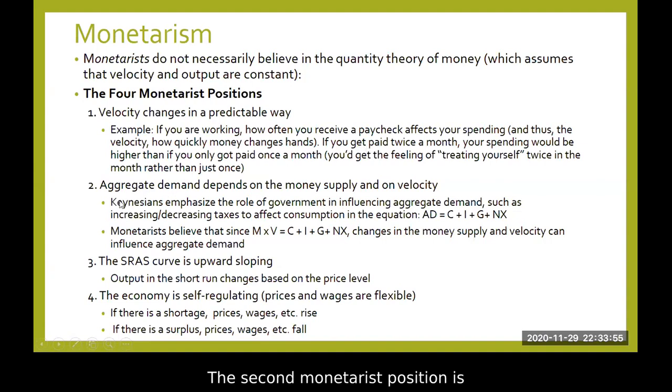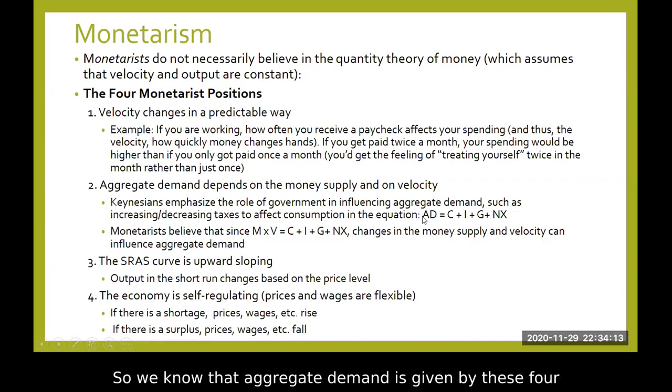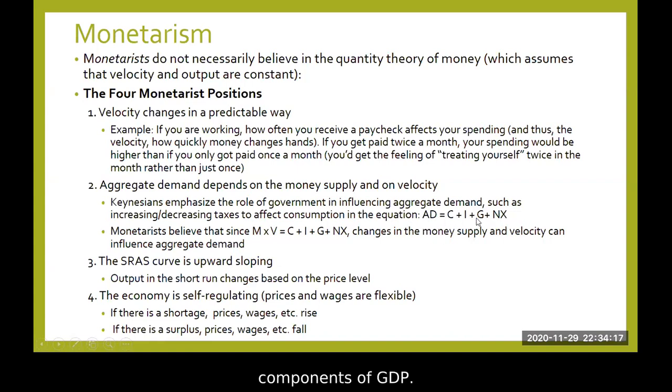The second monetarist position is that aggregate demand depends on the money supply and on velocity. In chapter 11, we saw that Keynesians emphasized the role of government in influencing aggregate demand. So we know that aggregate demand is given by these four components of GDP.